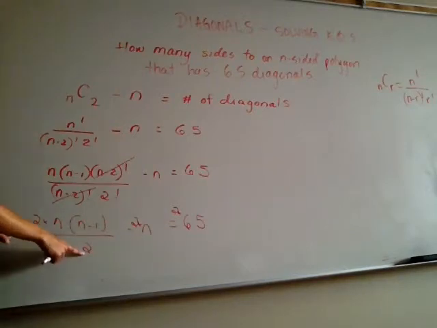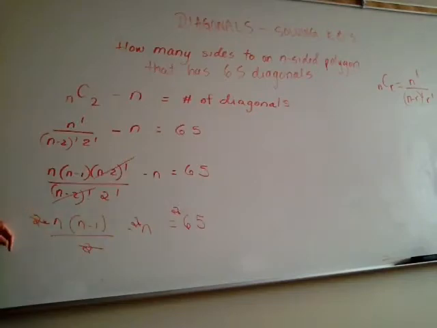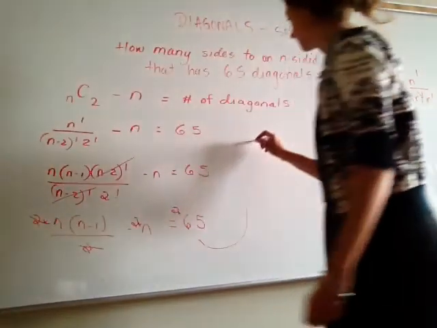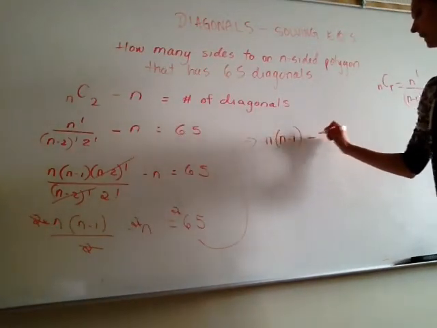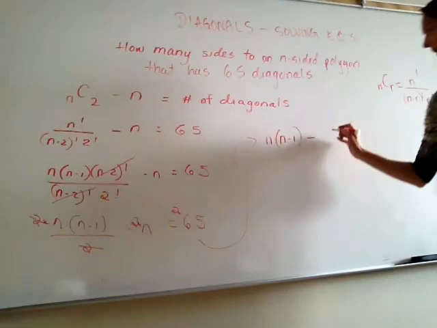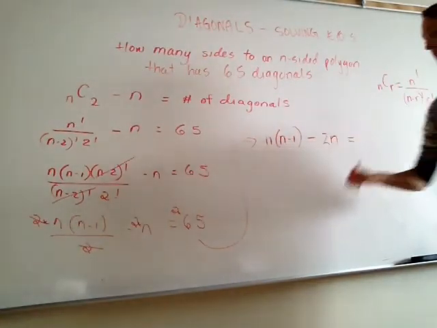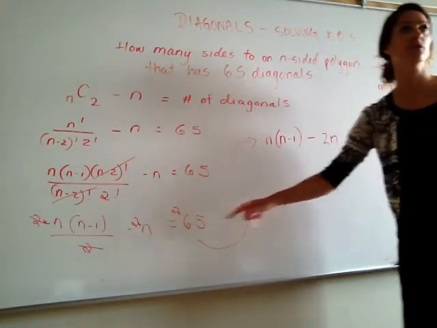What's going to happen to these 2's? And that was our goal, get rid of the denominator. So expanding, I have n times n minus 1 minus 2 times n, so 2n, equals 2 times 65, so 130.